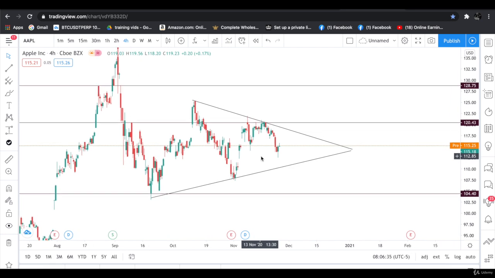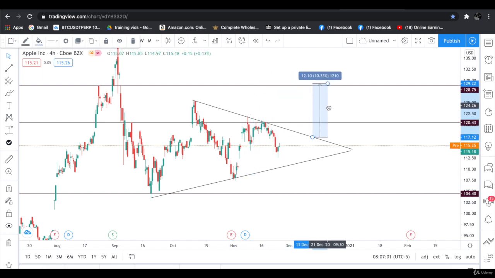Now what we have to do, we have to wait for the breakout or the breakdown, then we can place the trade. Let's measure the length of the triangle. This is approximately 11.11%. So if the triangle gets a breakout to the upside, the target will be the next resistance level. We'll take the trade and the target will be towards the upside.